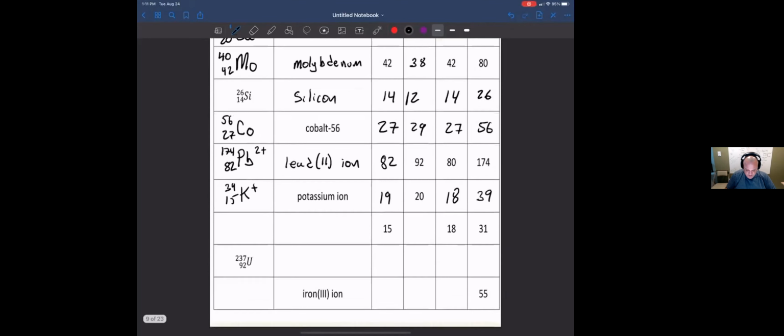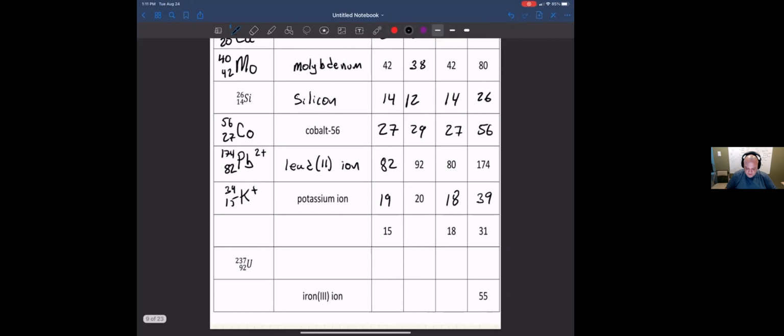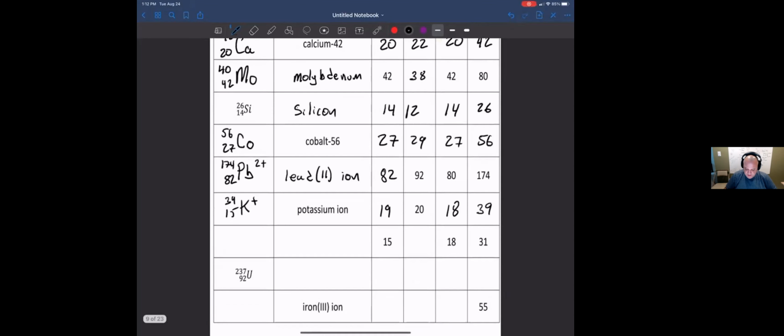Okay, so the next one up is going to be 15 protons, 18 electrons, 31 neutrons. So I can sort out that this is 16 neutrons. 31 minus 15 is 16.